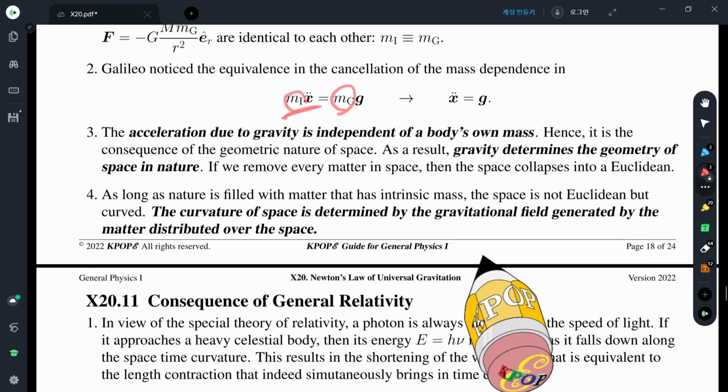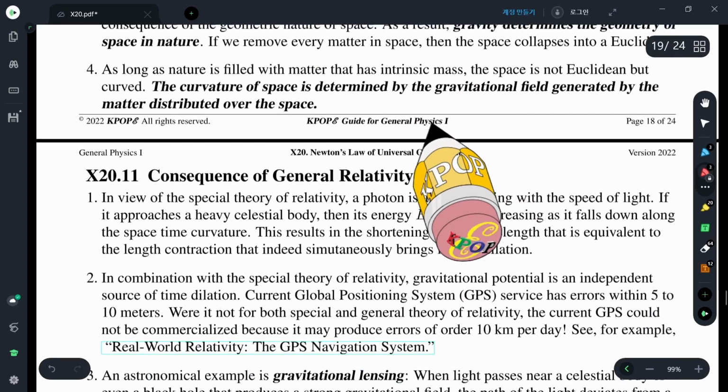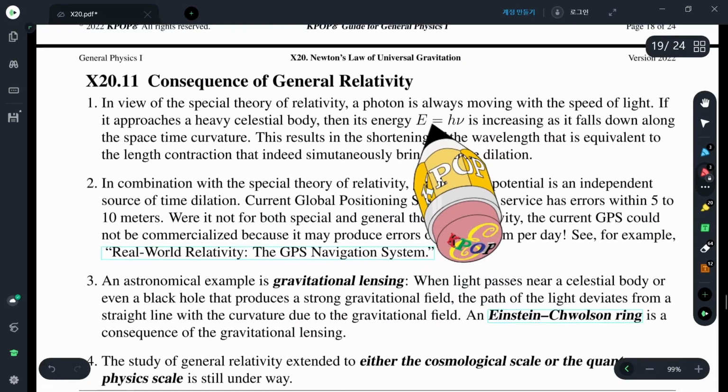The main reason is that gravity governs the geometry of space. Anyway, this is called the equivalence principle of general relativity, that the inertial mass and gravitational mass are the same.